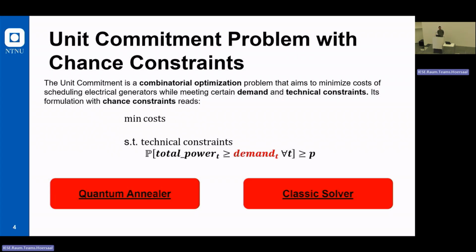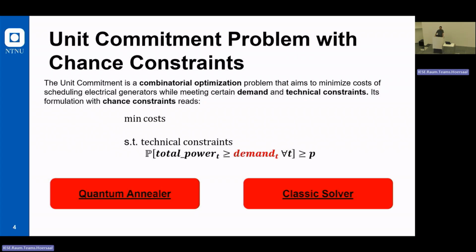The way I just described the unit commitment problem is a simple, deterministic version where we know all the parameters. What we want to do is to assume that the demand, instead of being a determined value, is a random value.